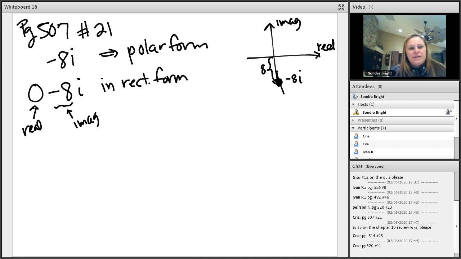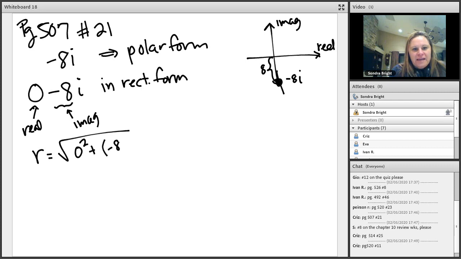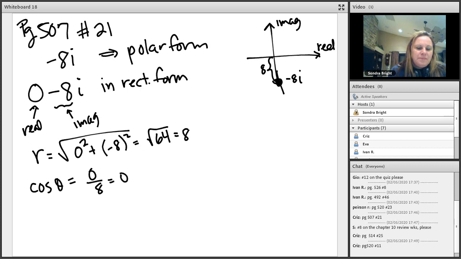All right, so what is your r? Your r would be the square root of 0 squared plus negative 8 squared, which would be 0 plus 64. So you're taking the square root of 64, which is 8. So your r will always be positive. Cosine of theta is x over r, so 0 over 8, which is still 0. And sine of theta would be y over r, so negative 8 over 8, which is negative 1.